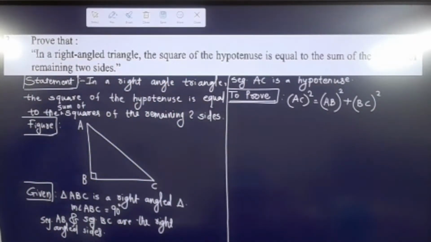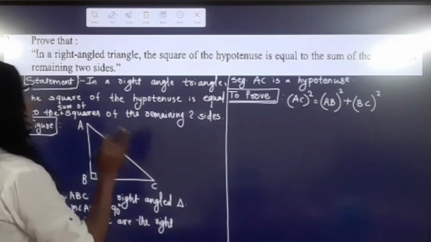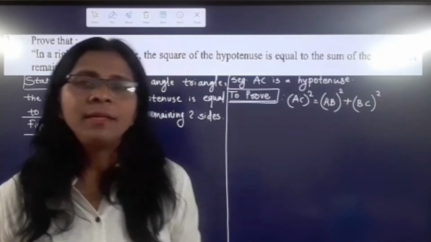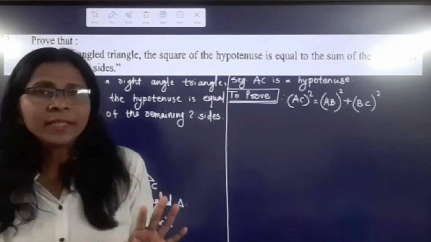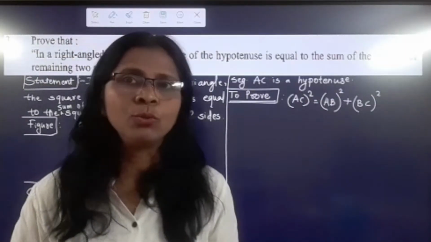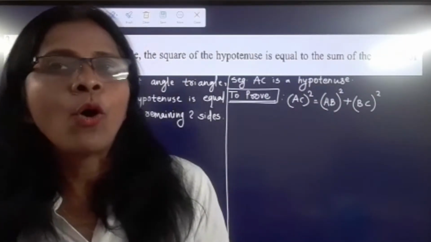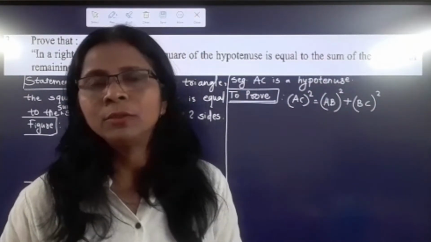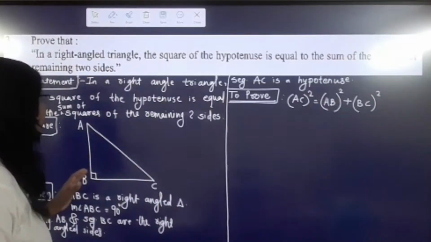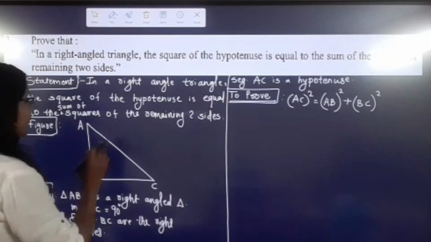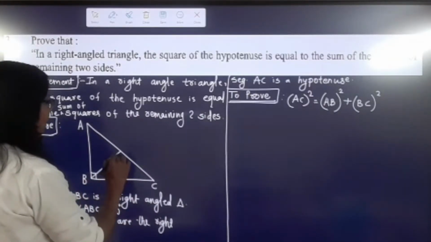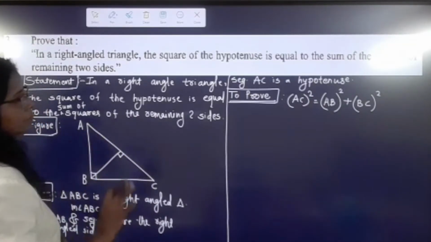Now students, there is only a right angle triangle here, and beyond that we don't know anything, so there is a need of construction. We should draw a construction: take any point D on the hypotenuse such that BD is perpendicular to AC.